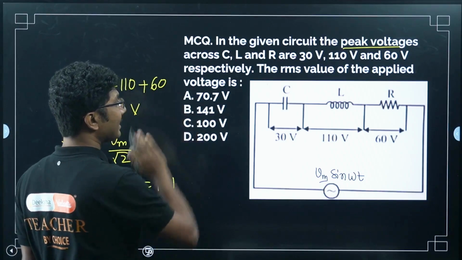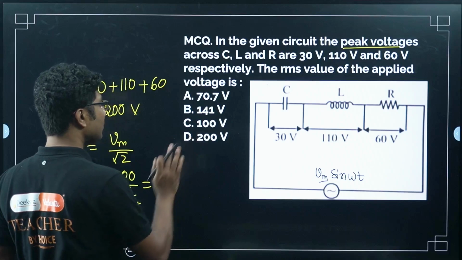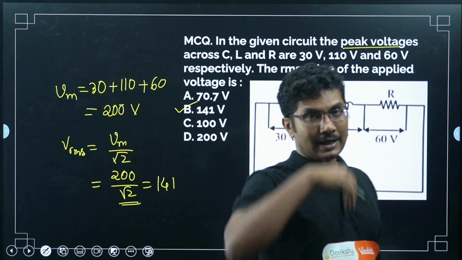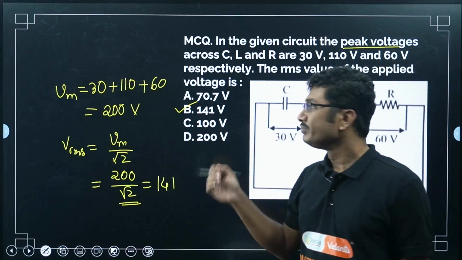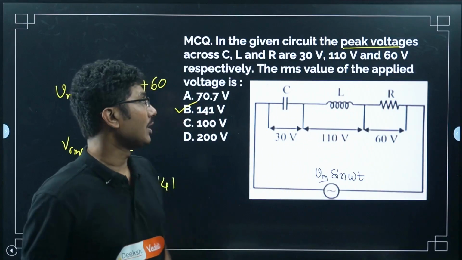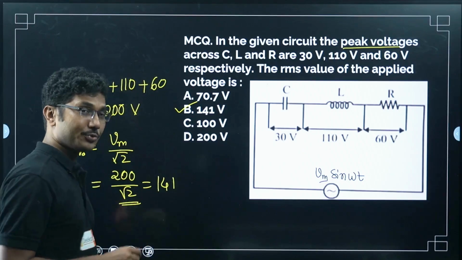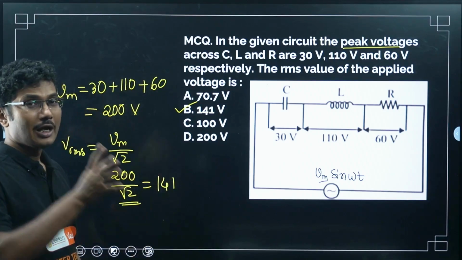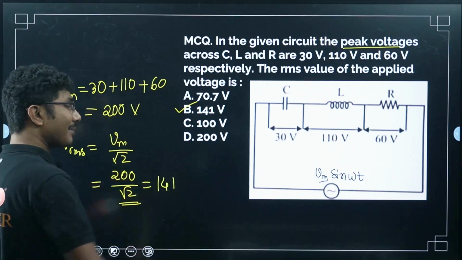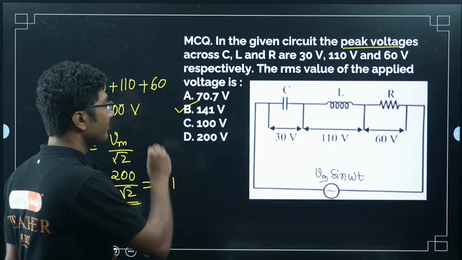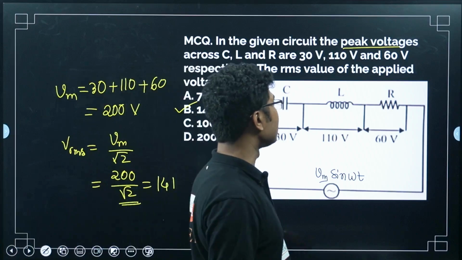So 100 and 70 are cancelled. Obviously this is not 200, so the other option left is 141.1. Actually the value is 141.1, but from the given options 141 is the correct answer. So you can write this as the correct option. If you understand the mathematics and the numbers, you don't need to use any calculators. You can still solve it without using any calculators.